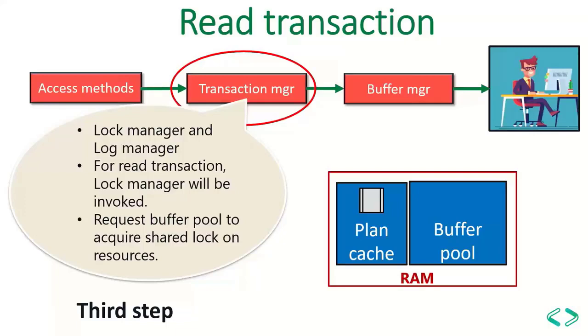We are not making any modification to the database pages inside the buffer pool, so we do not have to invoke the log manager. But the transaction manager will request the buffer manager to put a shared lock on the resources that it needs to get the results. Why a shared lock? Because this is a read transaction and we do not want to block any other transactions, right?